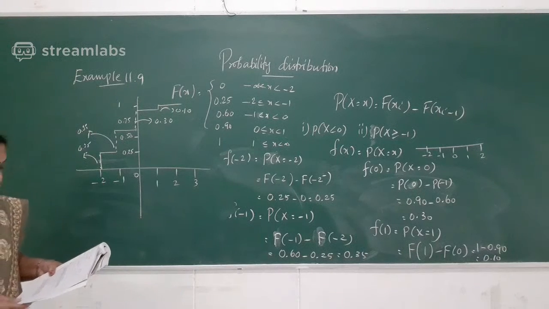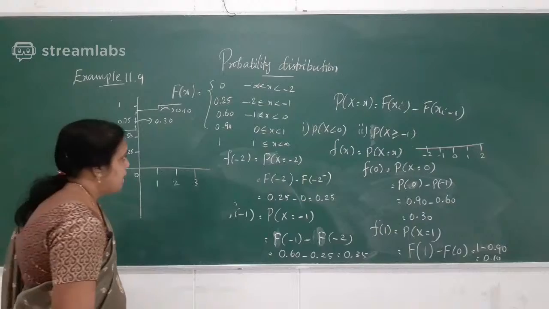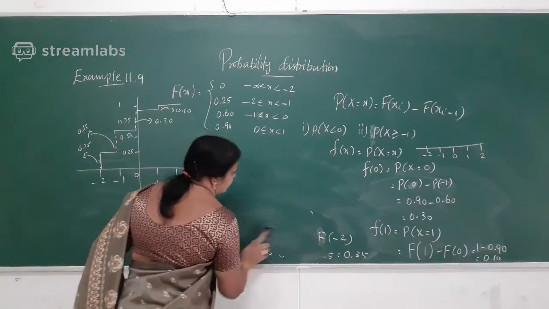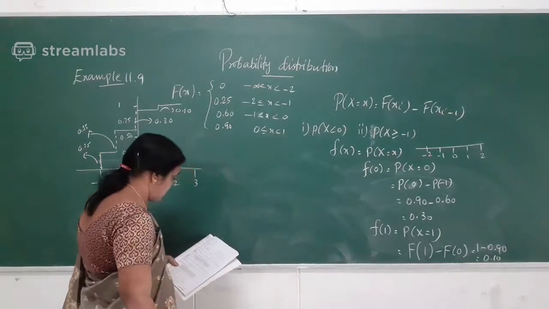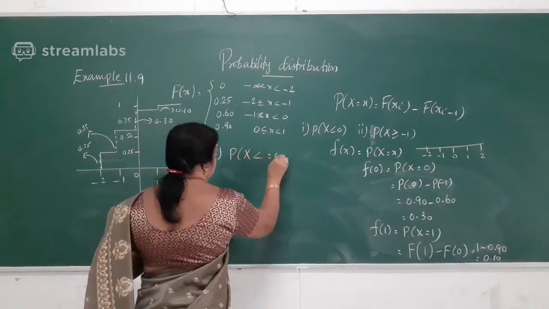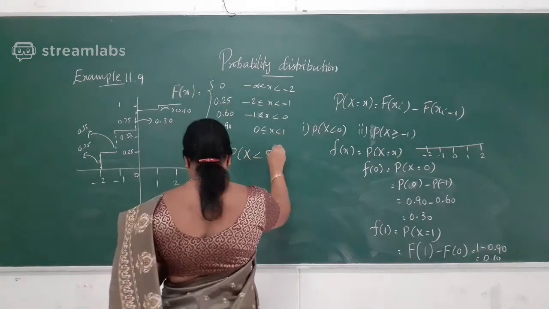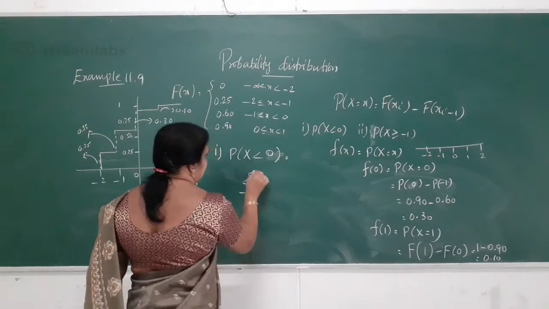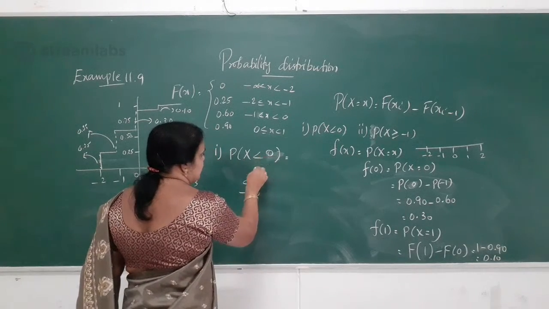Then the first option they are asking: p of x less than 0. It is minus infinity up to less than 0, which means up to minus 1.